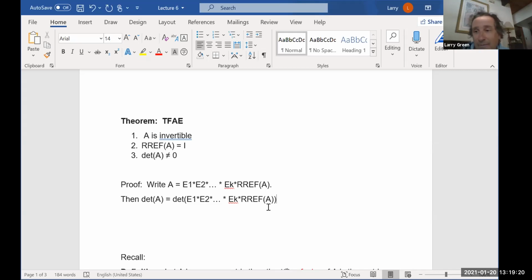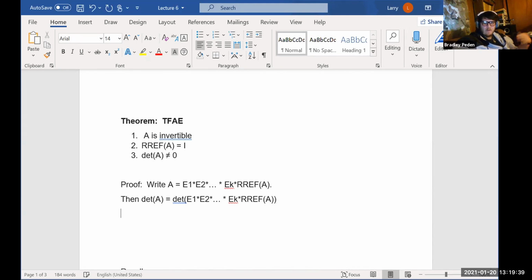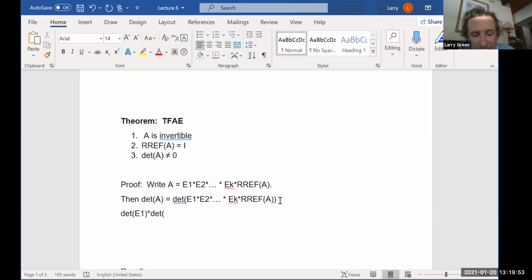Nothing too fancy, right? Now I use a really important property that we talked about last time. If you have the determinant of a product, what can we do? You can break it apart and make it the determinant of E1 times the determinant of E2 and so on and so forth. Exactly. So I can write the determinant of E1 times the determinant of E2.